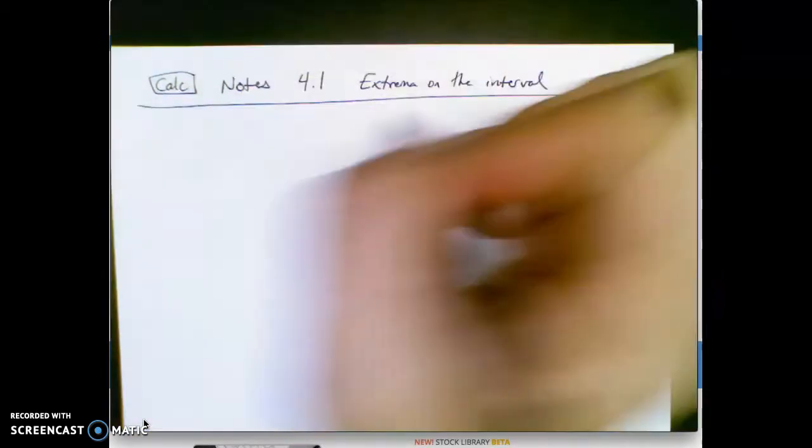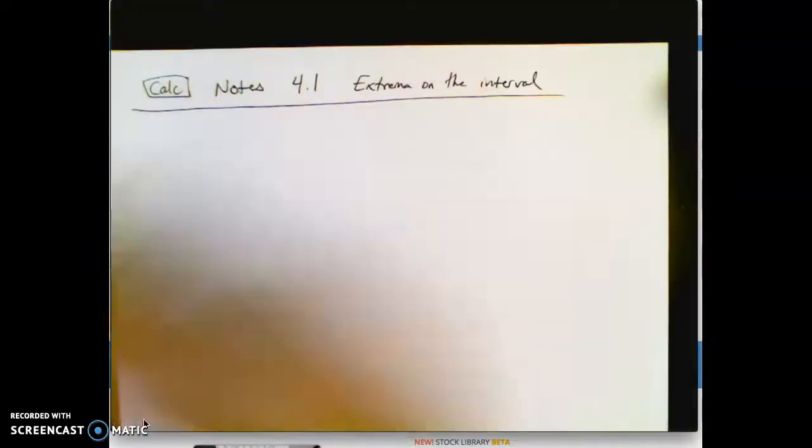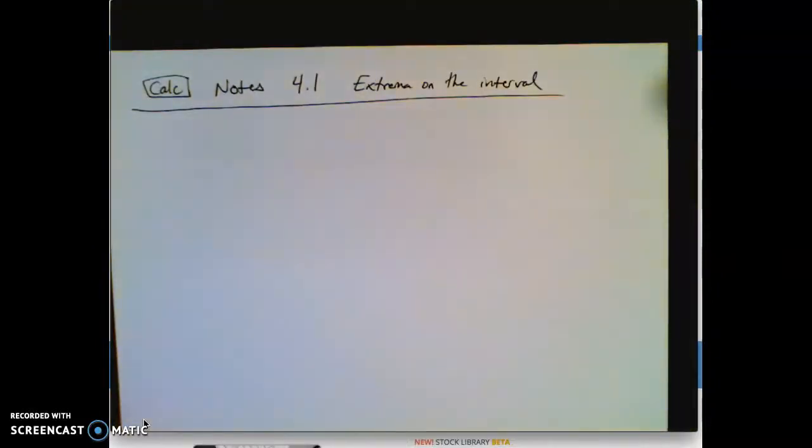So we're actually starting a new unit, and this unit is based on one of the main big questions in calculus, because one of them is, can you find the equation of a tangent line? Another one is, can you find the area under a curve, which we haven't done yet. And another big question in calculus is, can you use calculus to more accurately graph equations?